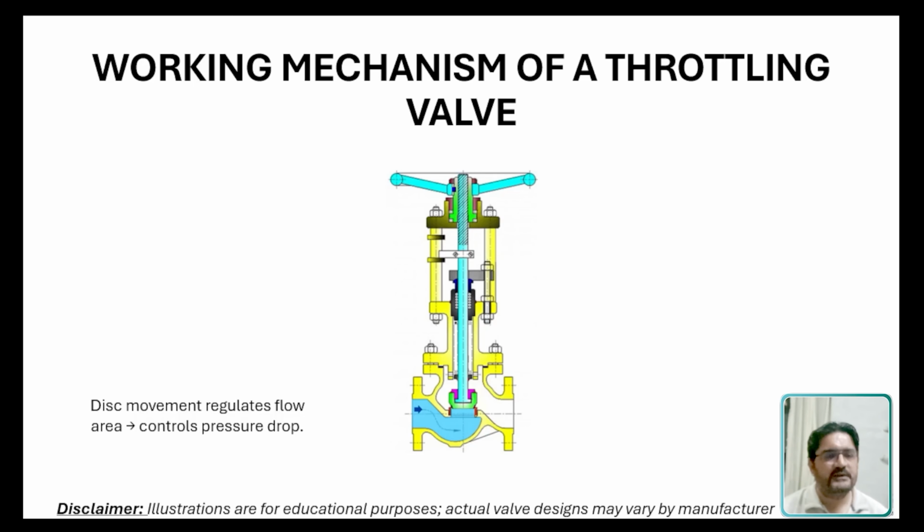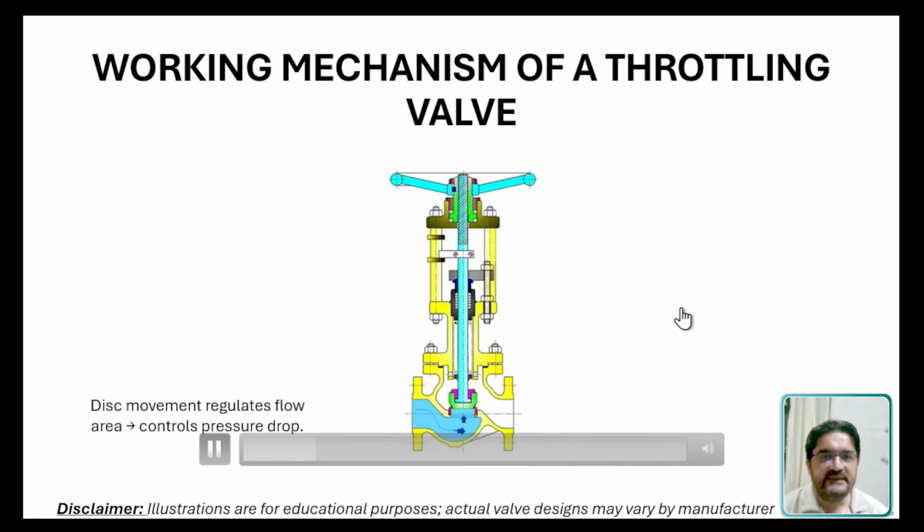Let's understand the working mechanism of a throttling valve, a globe valve in this case. I have created this 3D mechanism using Canva. I used multiple images to create this 3D working, and I hope it will give a basic understanding of the working behind the valve. So initially you can see that the disc of this globe valve is resting on the seat, so it is not allowing the fluid to pass through.